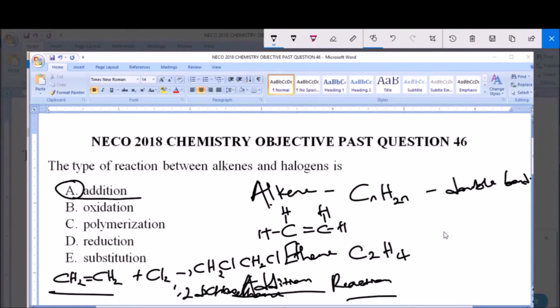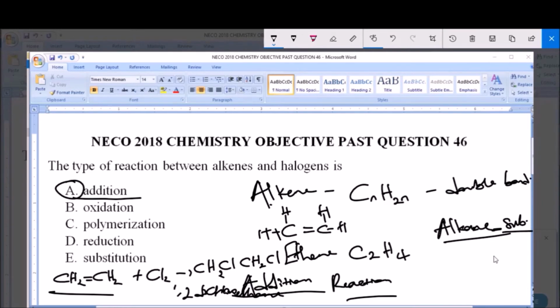But for alkanes, they undergo what? Substitution reaction. And this is because what? They are already saturated. But alkenes are not saturated because of the presence of the double bond. So addition of chlorine will break this double bond and make them saturated. But because alkanes are already saturated, they can only undergo substitution reaction, that is replacing the hydrogen atom with another what?